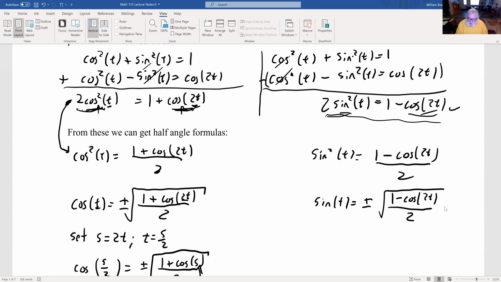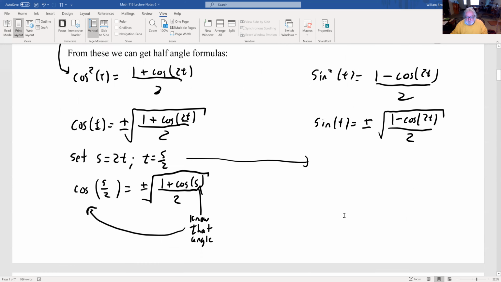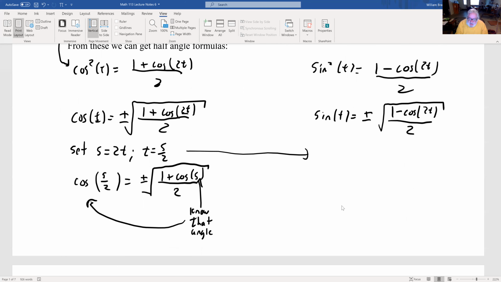Make the same substitution with s, and that tells us that we can find the sine of half the angle. Sine of s over 2 equals plus or minus the square root of 1 minus cosine of s over 2. So it tells us that if we know the cosine of an angle, we can find the sine and the cosine of half the angle.